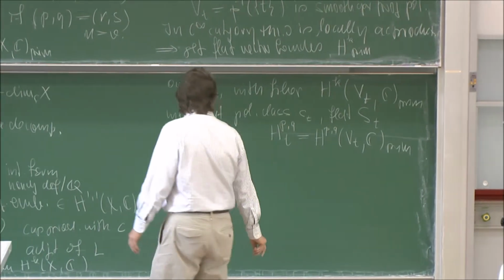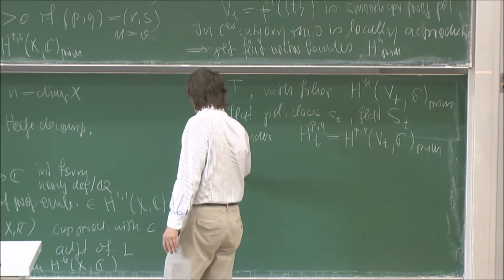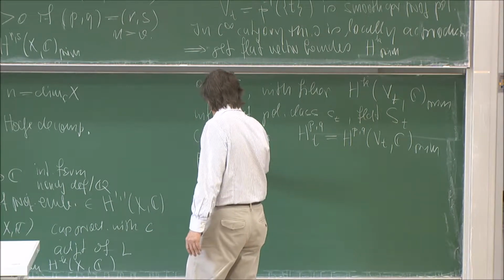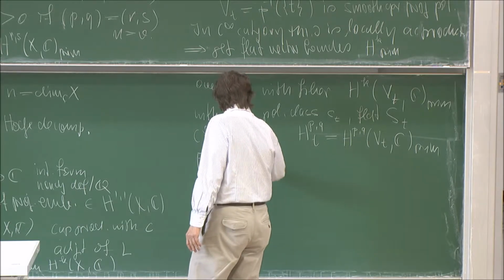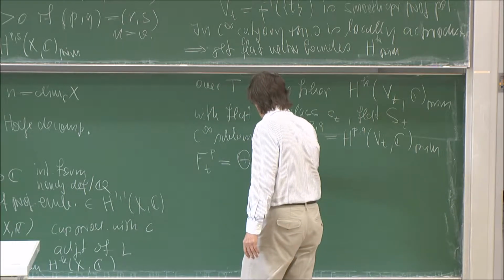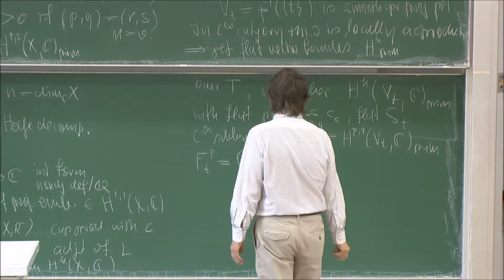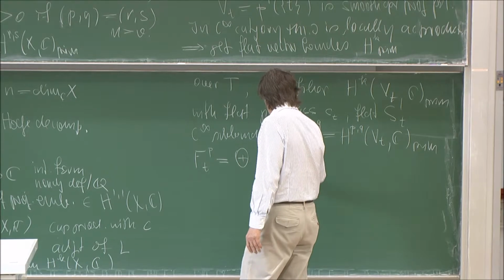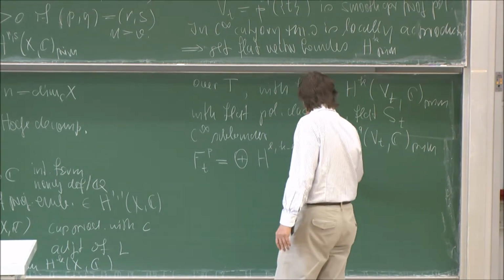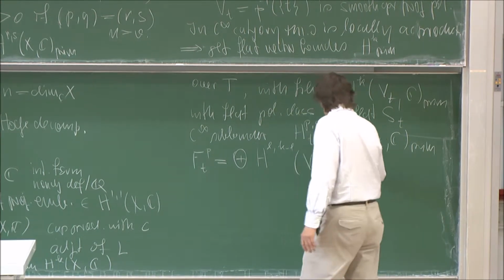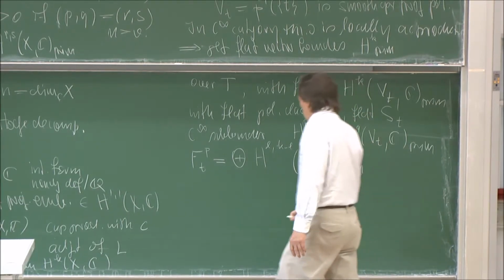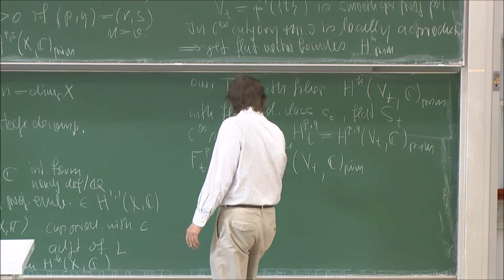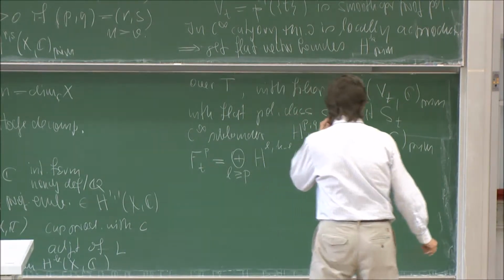So what one has to do is look at F^p_t, which by definition is the direct sum of H^{l,k-l}_t primitive with l greater than or equal to p. So these are holomorphic.